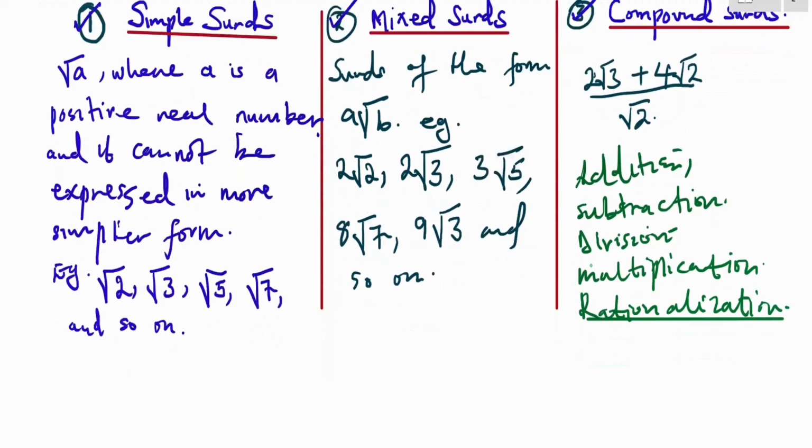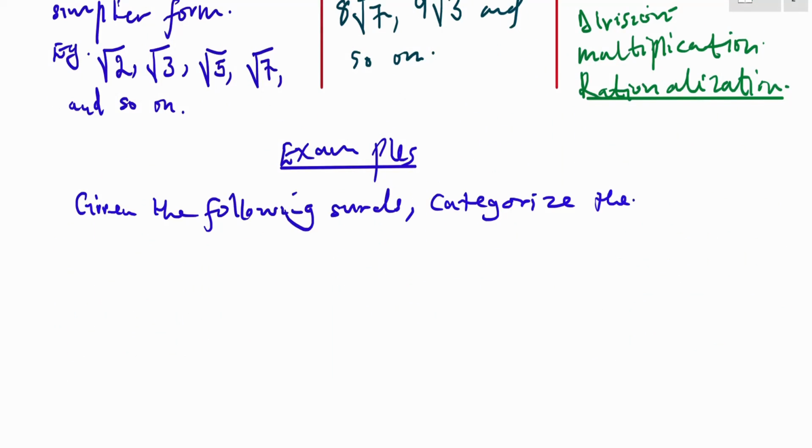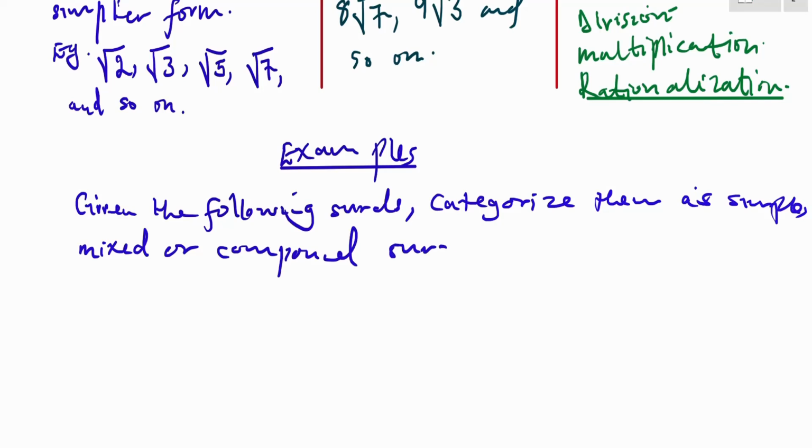Let's now have simple examples below here. Given the following surds, categorize them as simple, mixed, or compound surds.